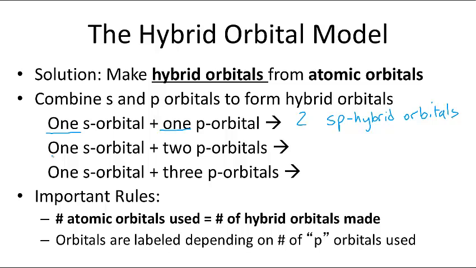If I combine one s orbital and 2 p orbitals, I'll get 3 sp2 hybrid orbitals. And if I combine one s orbital with all 3 of the p orbitals, I'll get 4 new orbitals called sp3 hybrid orbitals.